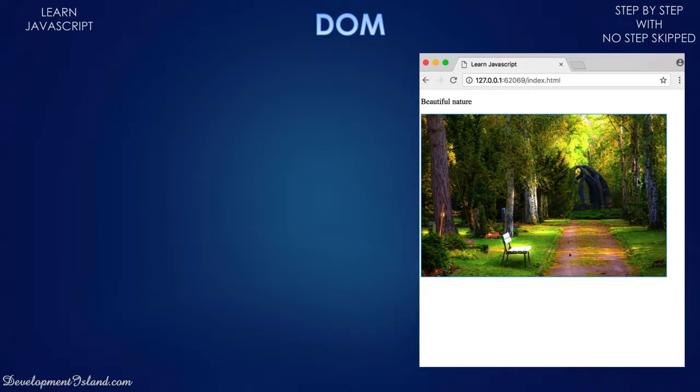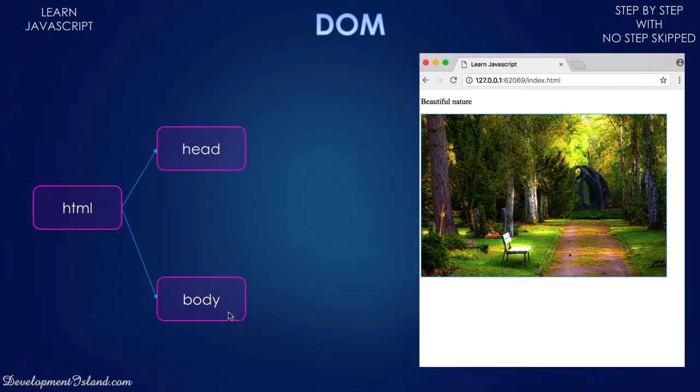So if we break down the different components of the web page like this, inside the HTML element, you'll find the head and the body, and this applies to any web page. Then inside the head, you will find the meta elements and the title, which you can see right there.